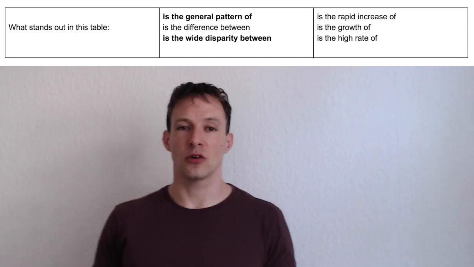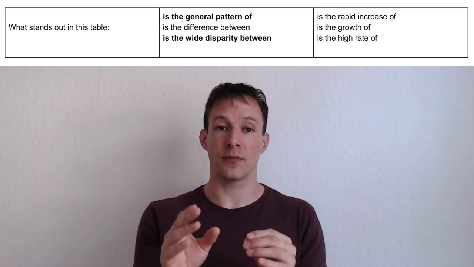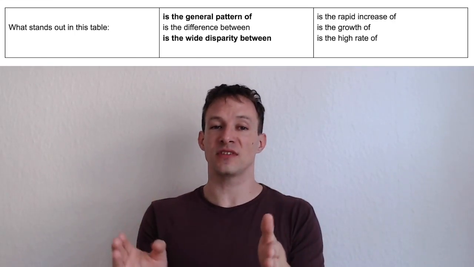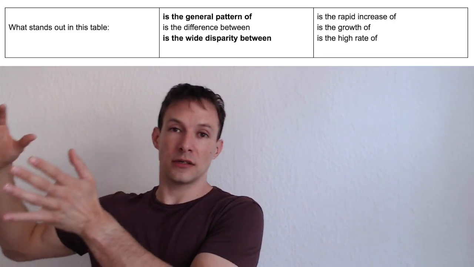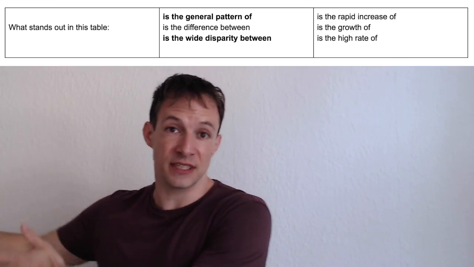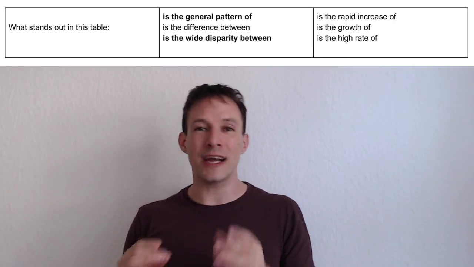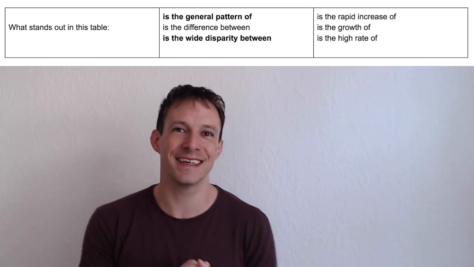Next one. What stands out in this table, these ones are quite useful now. What stands out in this table, we've got as the beginning, and then we're going to say, is the general pattern of slowly decreasing figures, okay? Or is the general pattern of erratic fluctuations? Ching, ching, ching for points there.